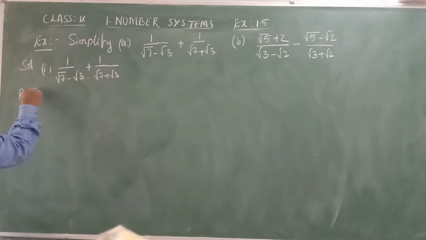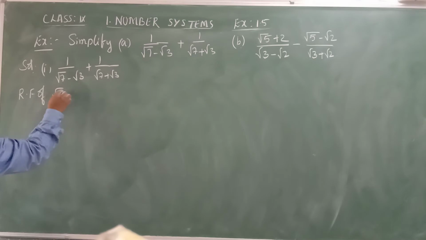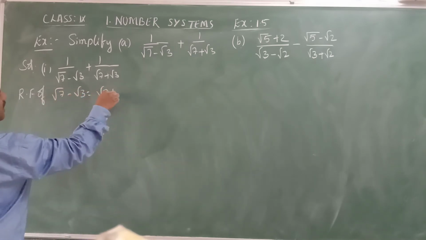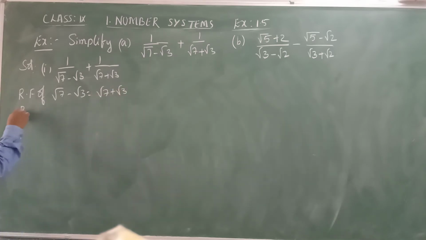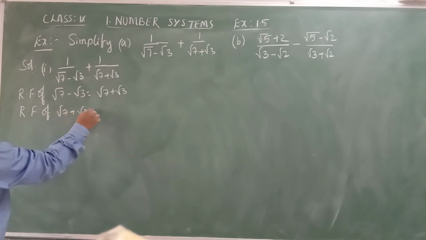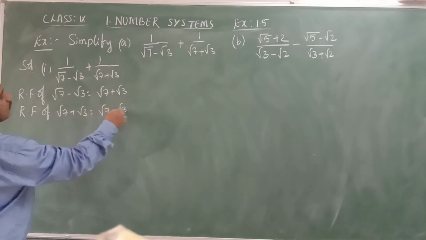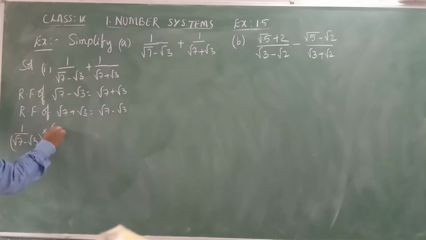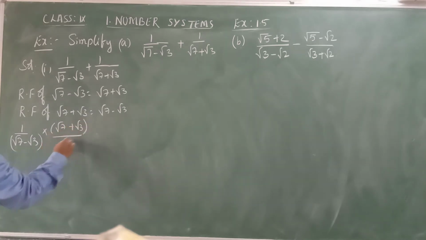Now the RF, rationalizing factor, of the first denominator root 7 minus root 3 is root 7 plus root 3. Similarly, the rationalizing factor of root 7 plus root 3 is root 7 minus root 3. Now simplify individually. 1 divided by root 7 minus root 3 is multiplied with the rationalizing factor root 7 plus root 3 divided by root 7 plus root 3.